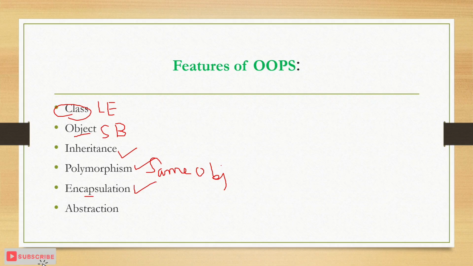As the name suggests, capsule. Whenever you are suffering from any kind of viral fever, do you eat a capsule? What is that capsule made up of? One capsule is made up of a combination of certain molecules. Like that only, encapsulation binds data and methods into a single unit. That is called encapsulation.